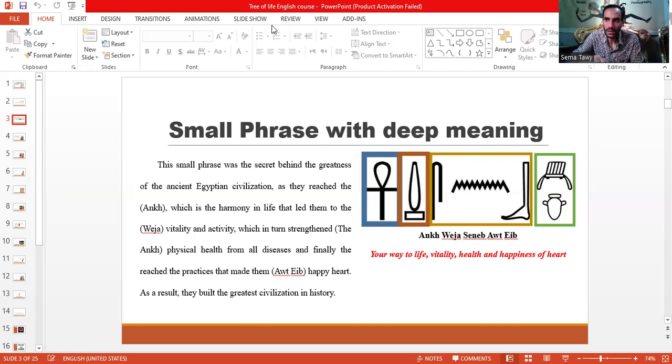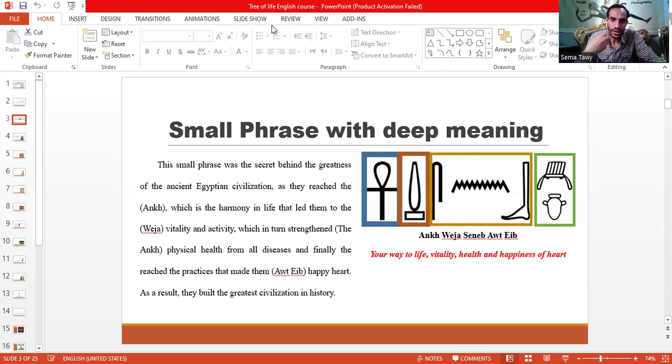And Wija means strength, activity. All your life will be full of energy. If you live in a harmonious way, you will be in an energetic style every day. So Ankh leads you to Wija. Harmonious life leads you to vitality.